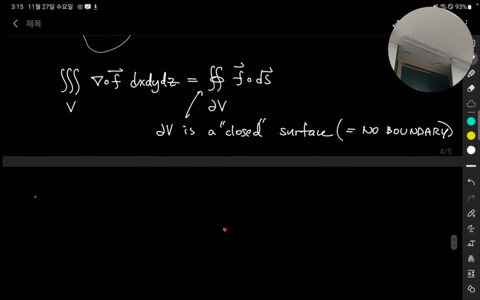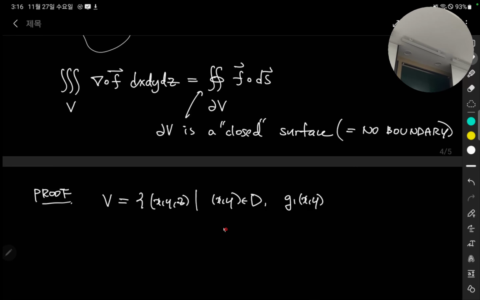Let's prove this, and then let's see the example. I'm going to assume that my volume is determined by the points (x, y, z) where (x, y) lies in D and z has a minimum and maximum defined by the graphs of G1 and G2.